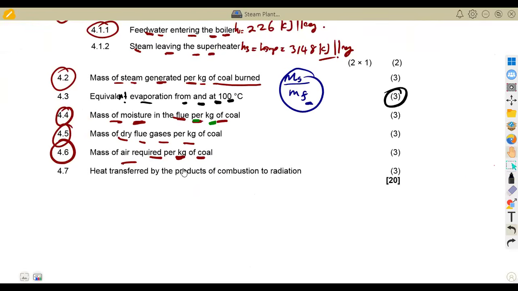So again, here they're saying the heat transferred by the products of combustion to radiation, the ones that are transferred by the products to radiation.